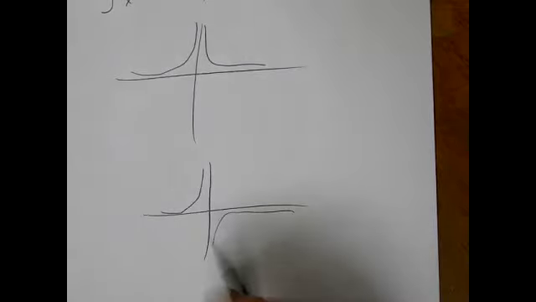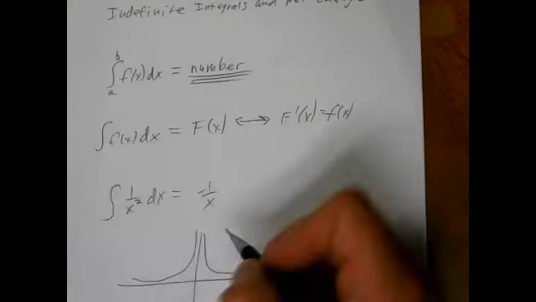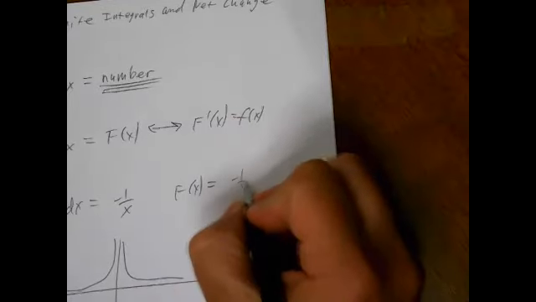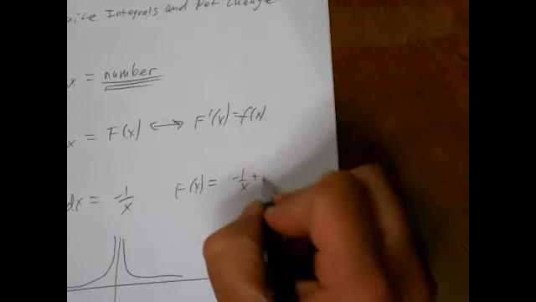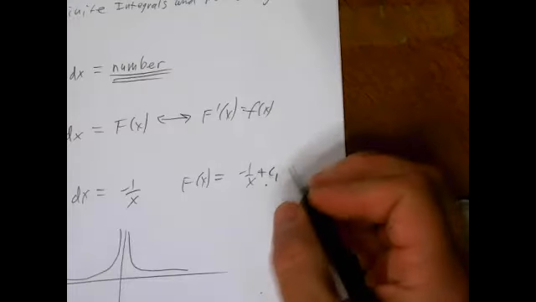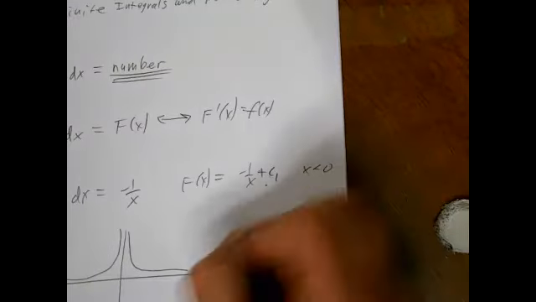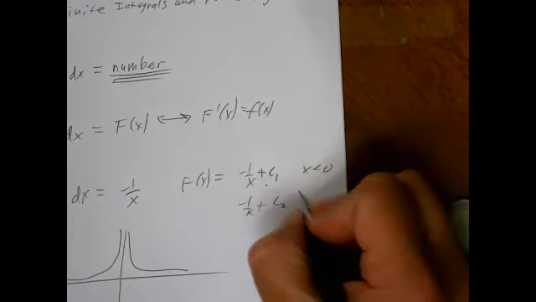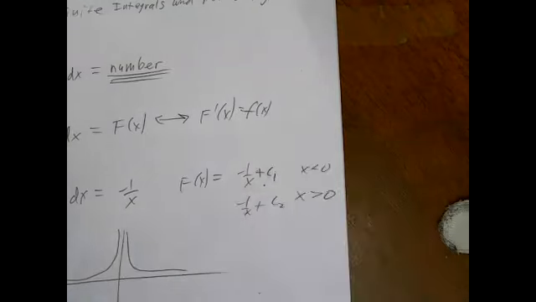So another convention is that this large F, which is your integral, is equal to negative 1 over x plus one constant when x is less than 0, and it's equal to negative 1 over x plus a different constant when x is greater than 0. So these are just things that we accept. These are conventions we just follow.